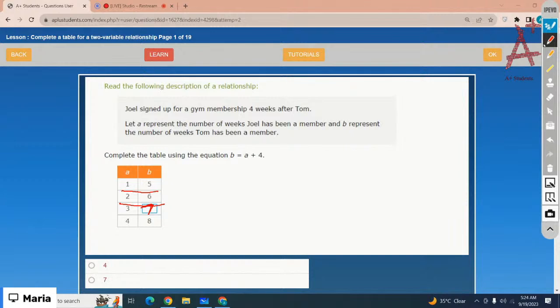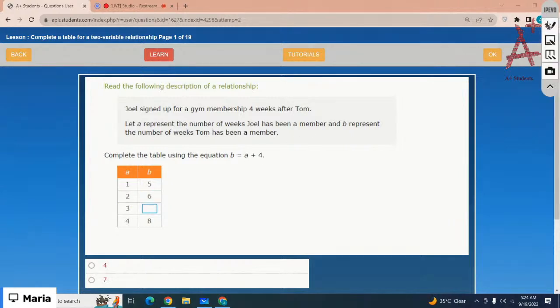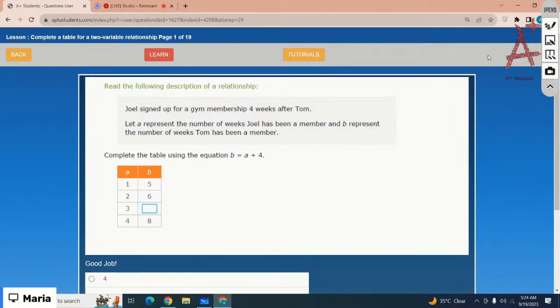So that means the missing value is 7. You can see for each input value you have to add 4. So that would be 3 plus 4. The missing value is 7, right?